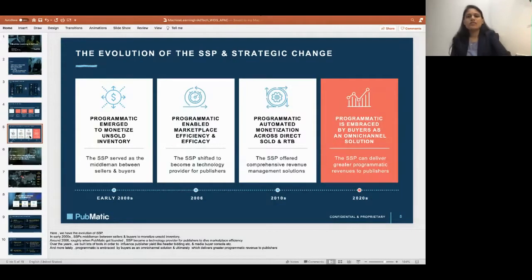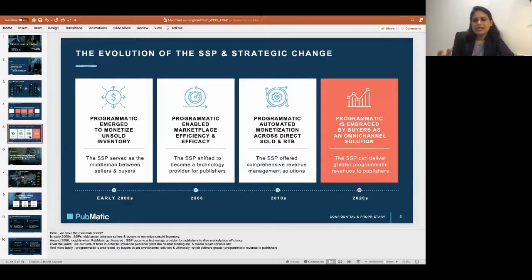Over the years, we have developed a lot of comprehensive solutions in order to increase monetization programmatically. We have built a header bidding solution for the publishers, and media buyer consoles for the buyers to increase the ROI or yield.